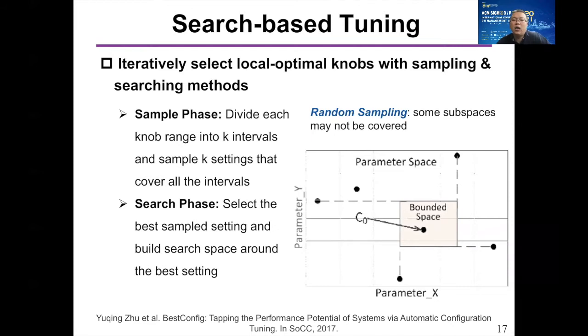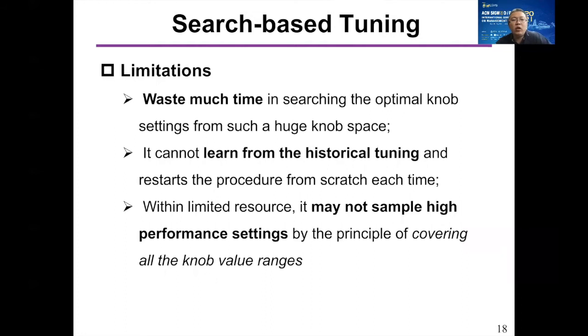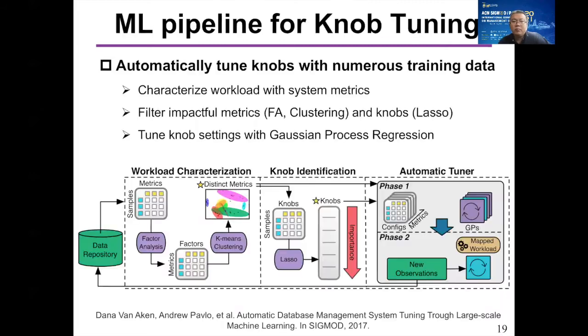So this relies on training data. It has some limitations. It wastes time searching the knobs, it cannot learn from previous tuning, and it needs to restart the procedure from scratch each time. And they also need some training data.